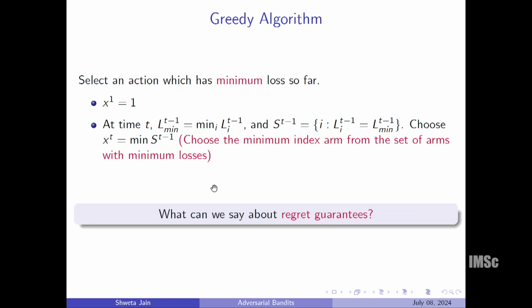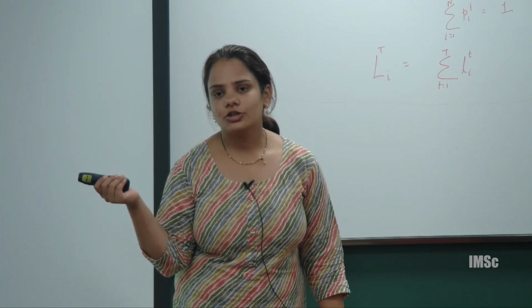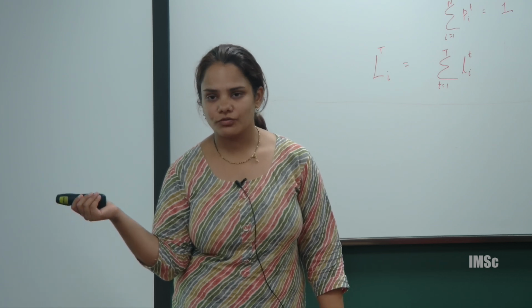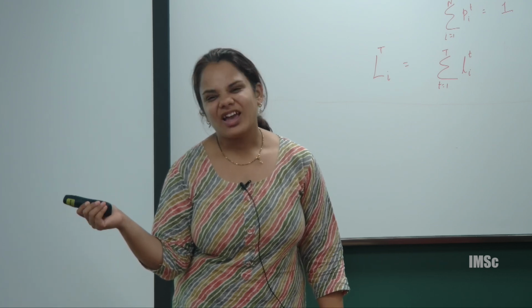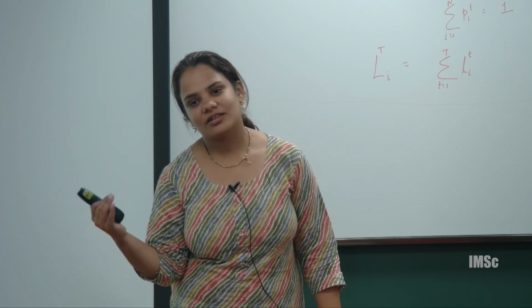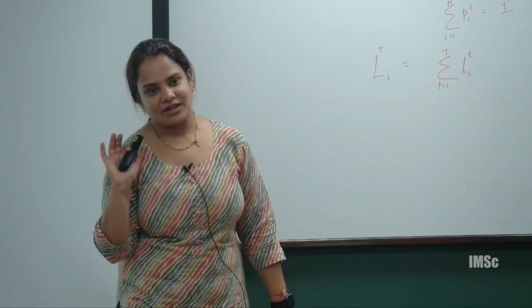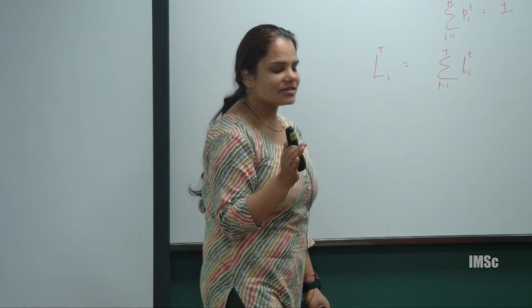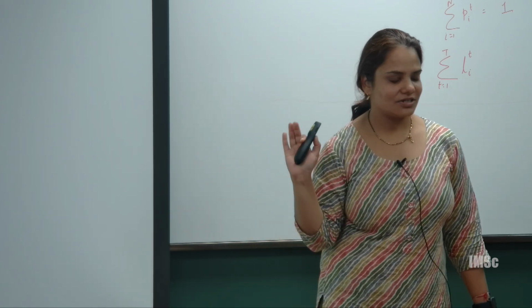Why would the index matter? I just wanted to have something to break the ties. If there are two arms with the same losses so far, how will you choose? You fix an index and break the tie. This is definitely deterministic, no probability.